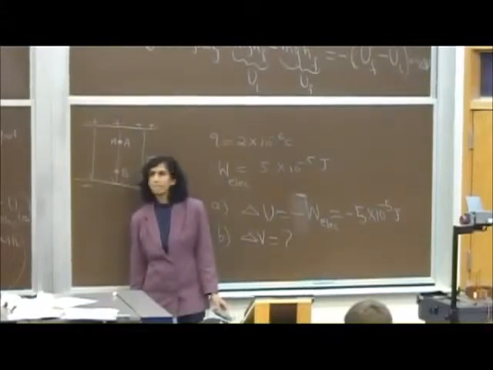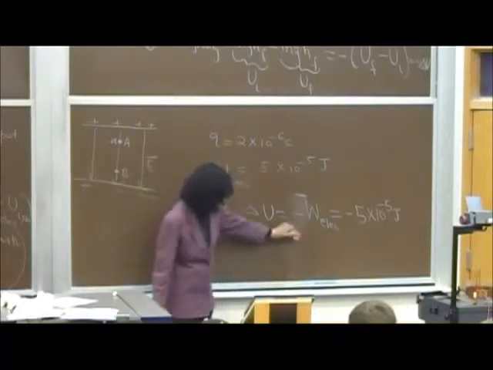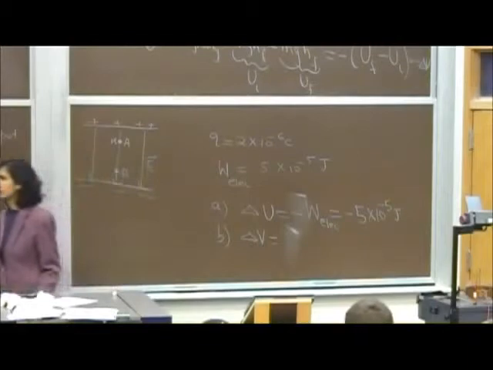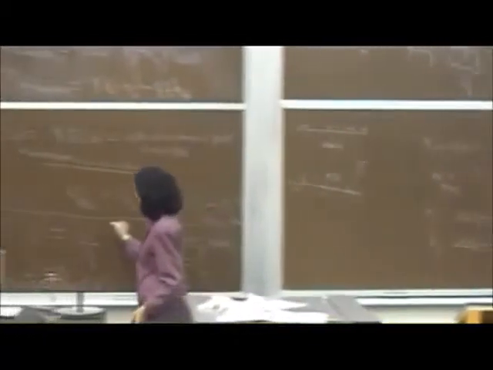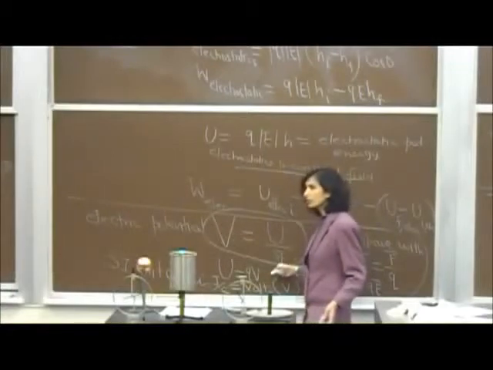Anybody? Go ahead, please. How did you come to that? Because? Divide the change in U over the charge Q. Yeah, because you have to understand this, that V is equal to U divided by Q, right?